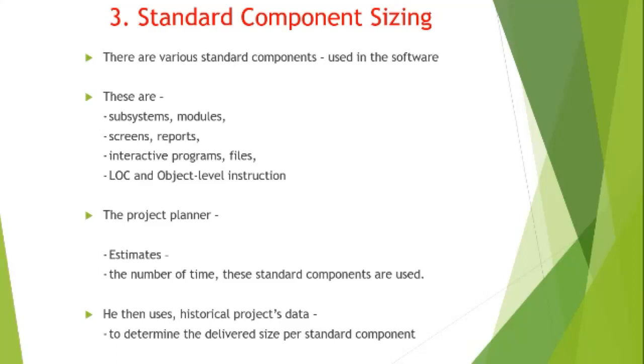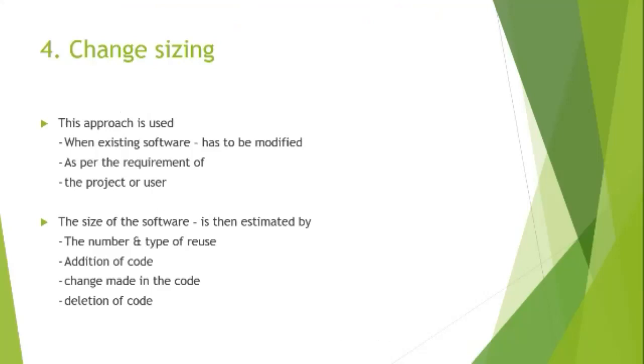He then uses historical project data to determine the delivered size per standard component. Fourth one is change sizing. This approach is used when existing software has to be modified as per the requirement of the project or user. The size of the software is then estimated by the number and type of reuse, addition of code, changes made in the code, and deletion of code.